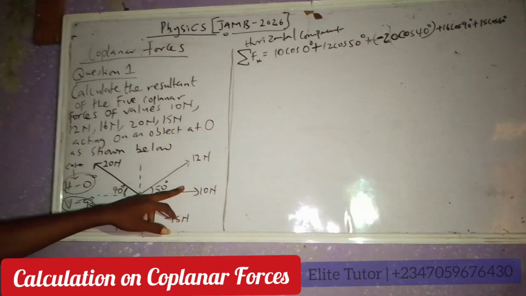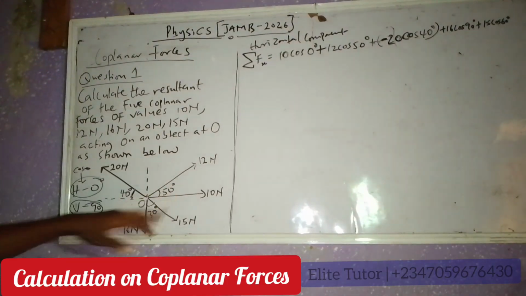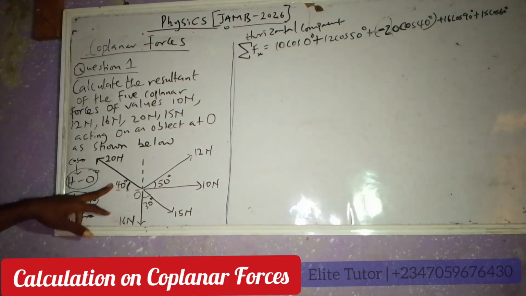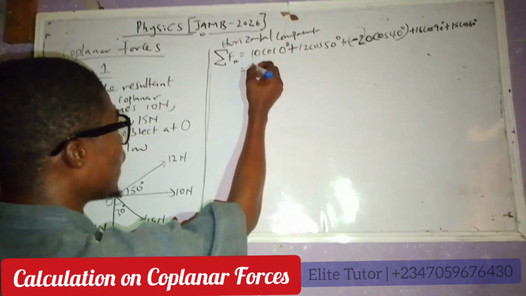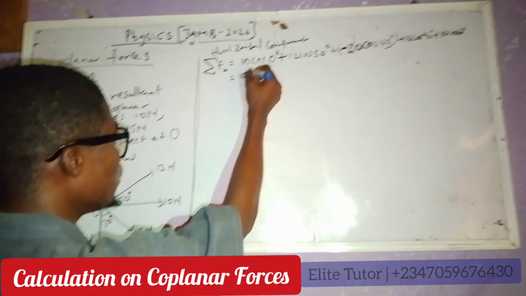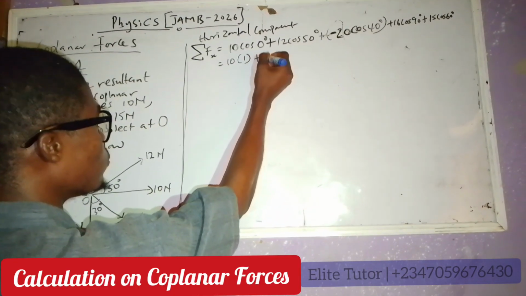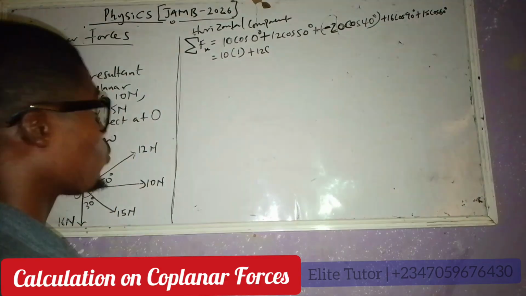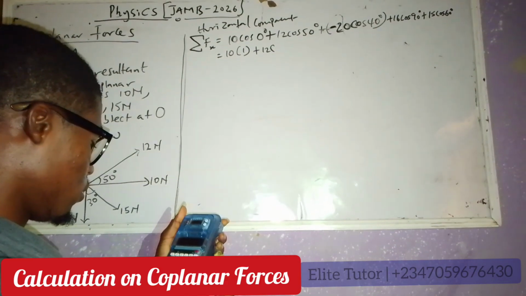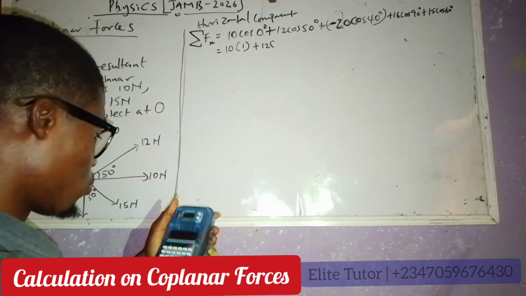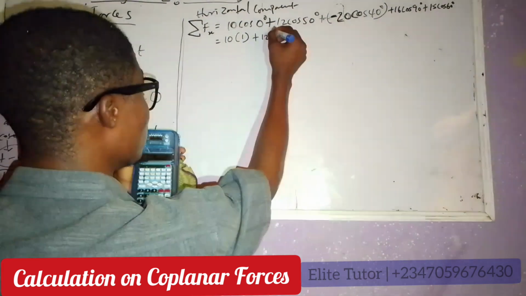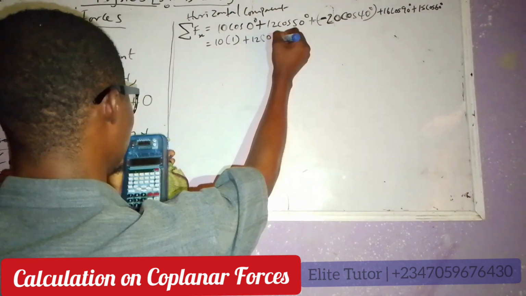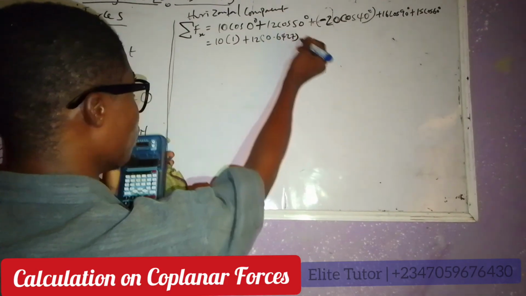I think we're done, so let's check carefully that there's no error. Alright, this is settled. So now here we go. We are having 10 into cos 0, which is 1, plus 12 into cos 50. Cos 50 is 0.6427.